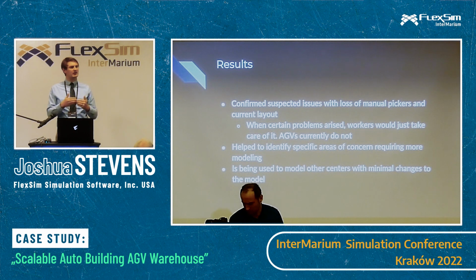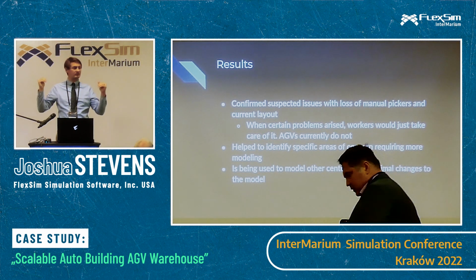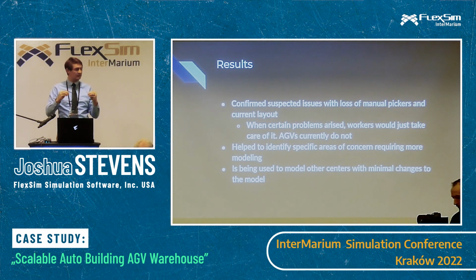I think they might be adding more conveyors, because that's another issue, that there's only so many places that AGVs can come and pick up product. The staging, there's plenty of space for staging. The conveyor area might be an issue because only one conveyor can pick up at a time, and so that's an area of concern.